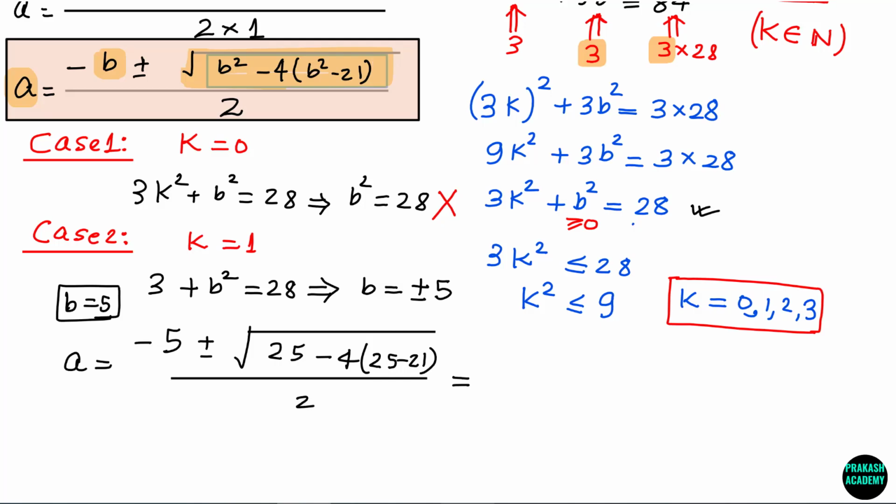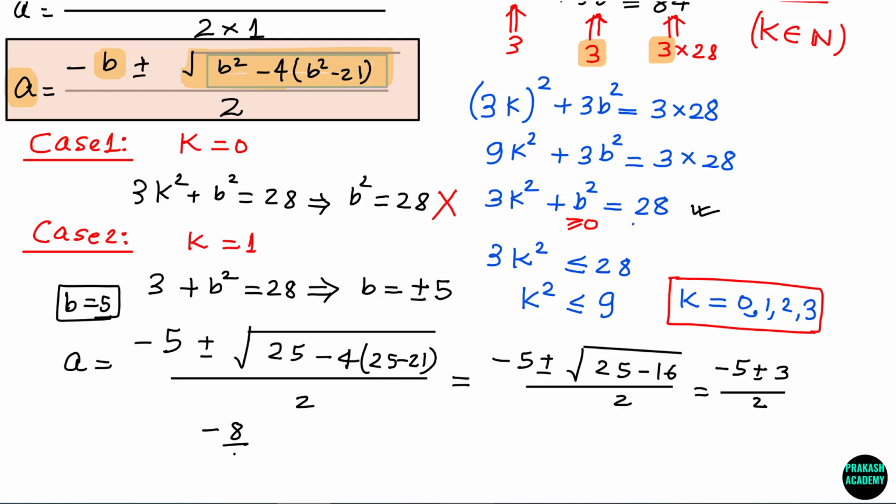So this value is minus 5 plus minus, this will be 25 minus 4 into 4, 16, divided by 2. So you will have minus 5 plus minus 9, the square root of 9 is 3, divided by 2. So one solution is minus 8 by 2 and another solution is minus 2 by 2. So this means you will have minus 4 and minus 1.